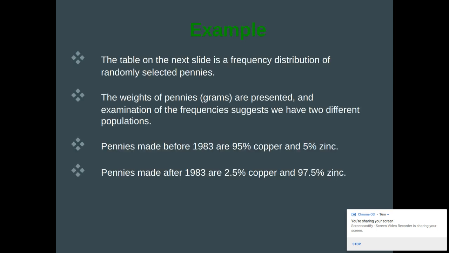On the next slide, we're going to talk about this, where they took the weight of randomly selected pennies. And they weighed these in grams. Now, before 1983, pennies were made up of 95% copper and 5% zinc. After 1983, they were only made of 2.5% copper and 97.5% zinc. Now, copper and zinc do not weigh the same. They can have the same mass or size, but they will weigh different amounts.